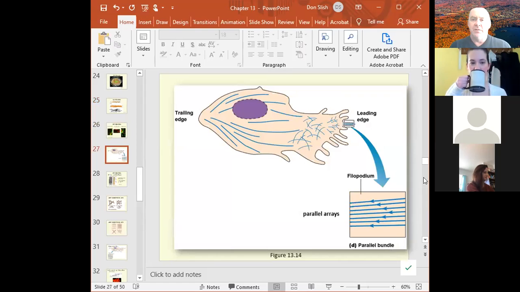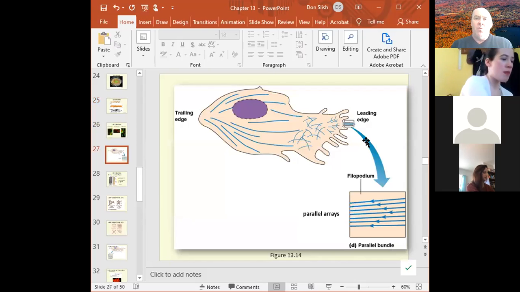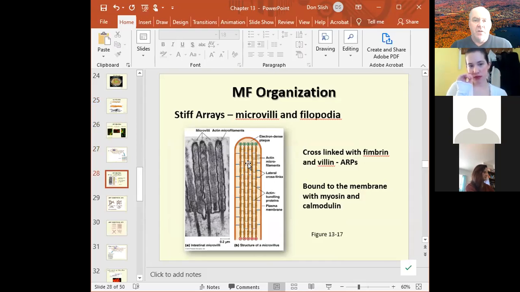Okay, so we'll talk about parallel arrays, antiparallels, and gel mesh. So one type of arrangement are these parallel arrays. You've got them all going in the same direction, and they're going to be cross-linked by proteins. You see these structures, as far as I know, only in two places, in microvilli and filopodia.